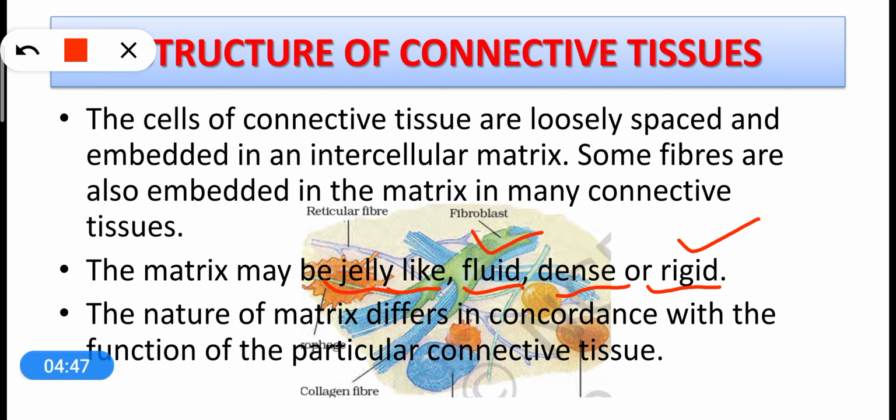The nature of the matrix differs in connective tissues in concordance with the function of the particular connective tissue. So whatever the function is, the consistency or nature of the matrix is according to that. So for example, we know that the bone's function is to provide a strong structural framework, so that's why the matrix is very hard and strong.